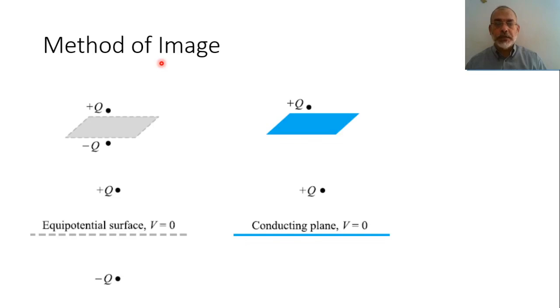The method of images says that if I have a positive charge and a negative charge separated by a distance d, this would be equivalent to only a positive charge with an equipotential surface, or conducting plane, with potential equal to 0, and the distance from this point charge to this equipotential surface is d over 2.